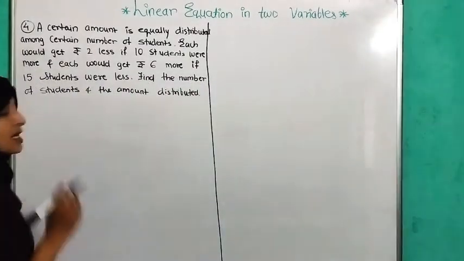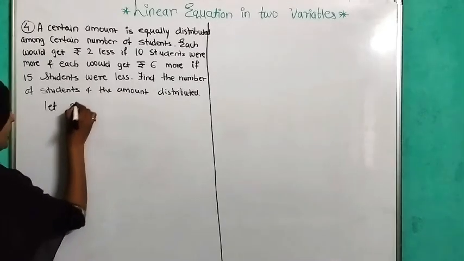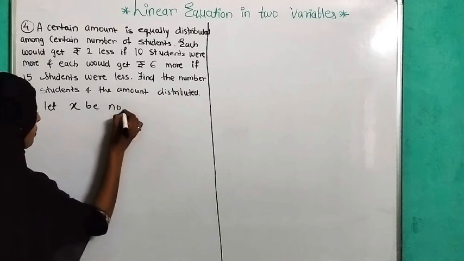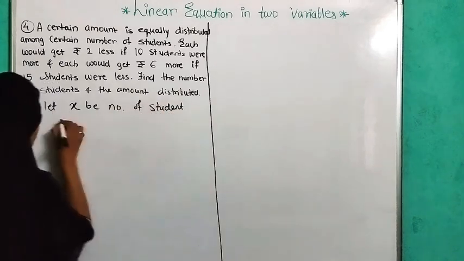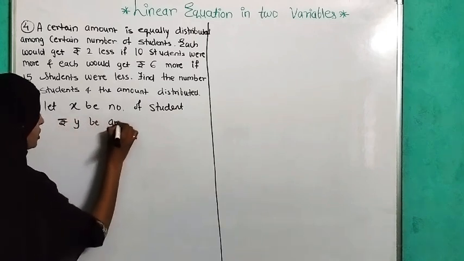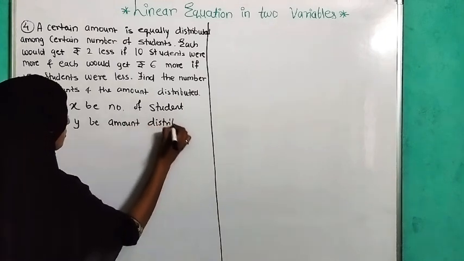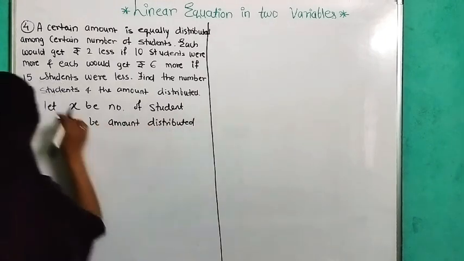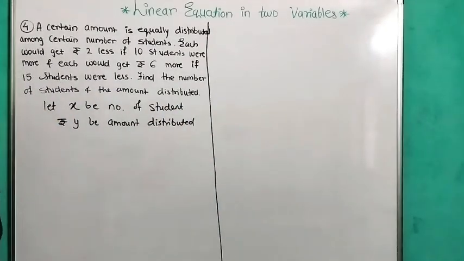So we are going to assume here, let us assume that x be the number of students and rupees y be the amount distributed, because we have to find the number of students and the amount distributed to them.